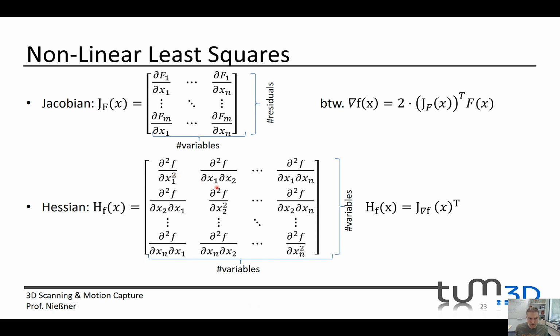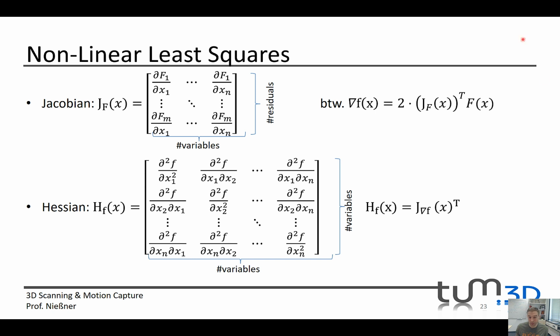For the mixed derivatives, we have the function f derived with respect to x1, and then with respect to x2, with respect to x1, with respect to x3, with respect to x1, with respect to x4, and so on. So the first row is always take the function, derive it first with respect to x1, and then with respect to wherever we are in the column right now, right? And this is the Hessian matrix.